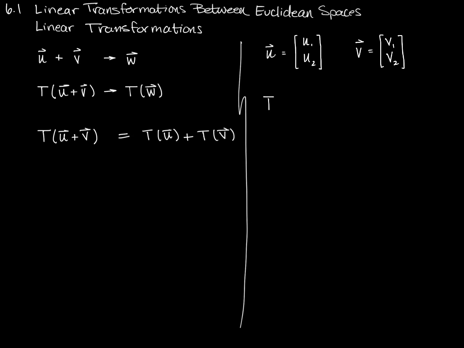But first I need to know what that transformation is. So I'm going to take any arbitrary vector x1, x2, and I'm going to describe the transformation of T as being what you would get if you added x1 and x2 for your first component and subtracted x2 from x1 for your second component.